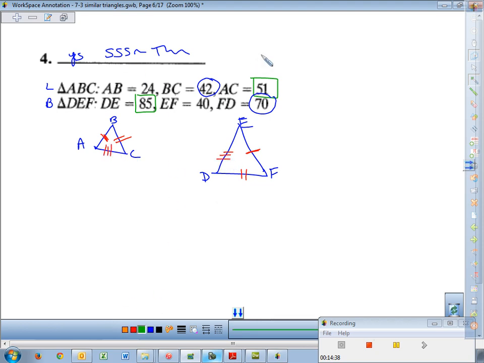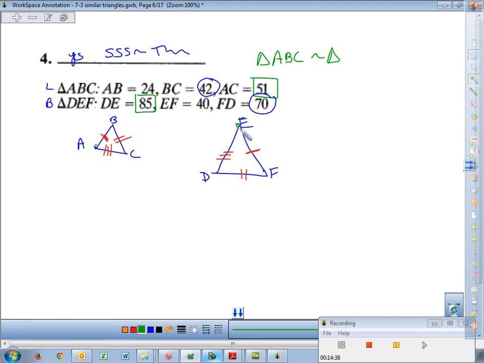Now, let's name the first triangle, triangle ABC. It's similar to triangle... What does A correspond with? Look at your sketch. A is where 1 and 3 come together, right? Where do 1 and 3 come together in the other triangle?